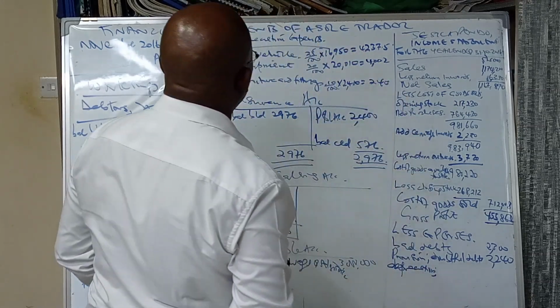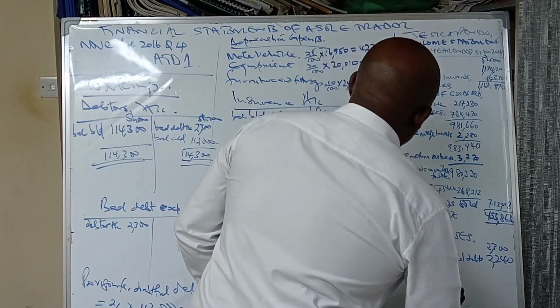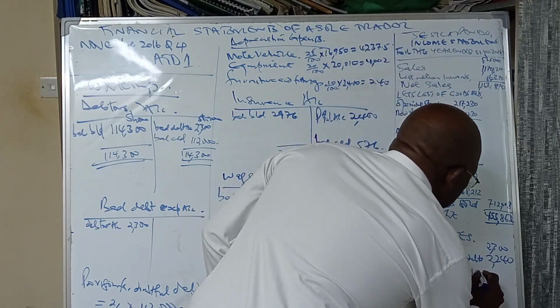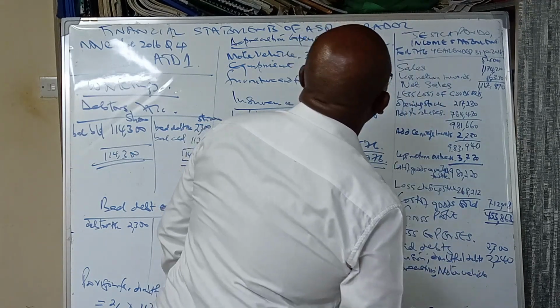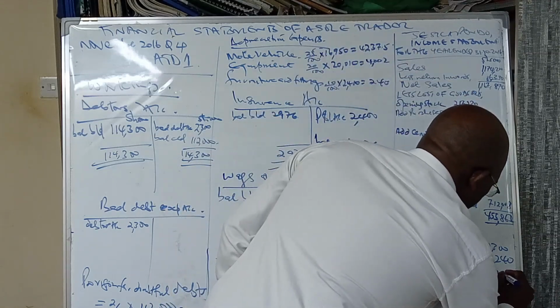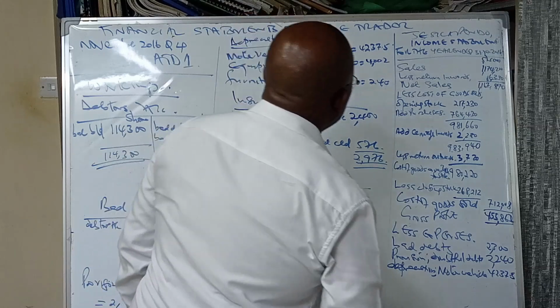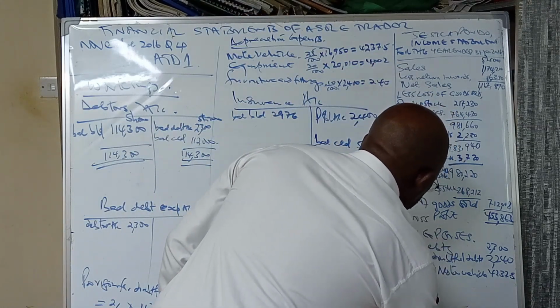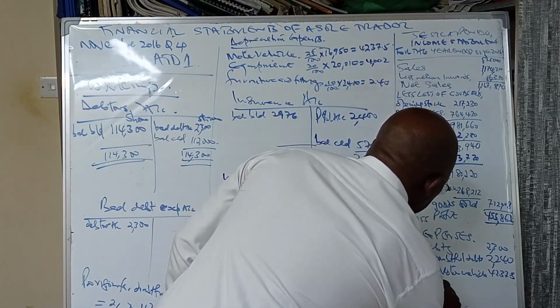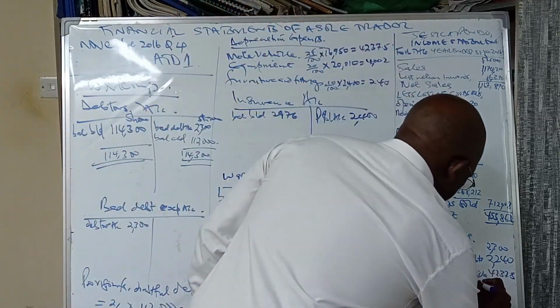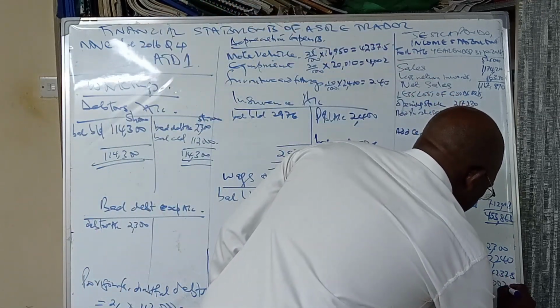We get motor vehicle, 4237.5. Equipment, 4002.